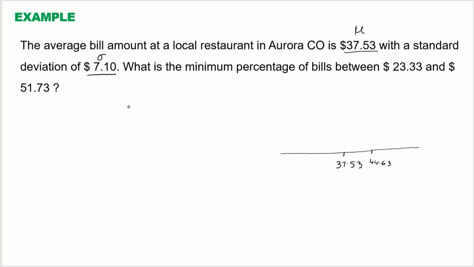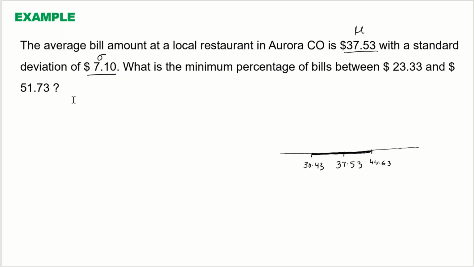If I subtract that, the value will be 30.43. So 30.43 up to 44.63 is the amount of data within 1 standard deviation. But in our problem, we have to find from 23.33 up to 51.73.